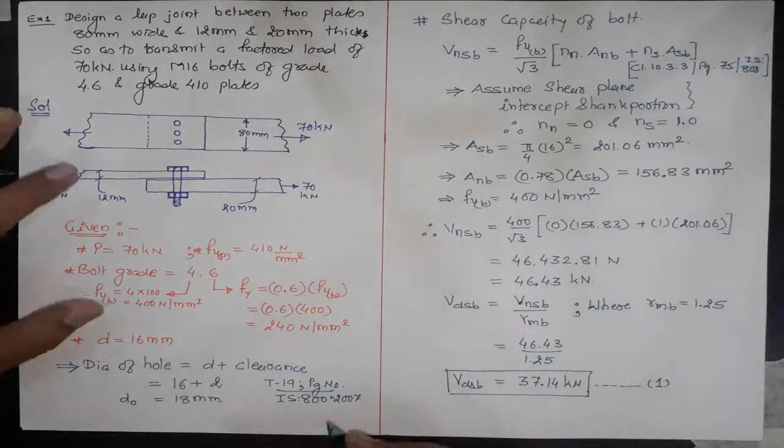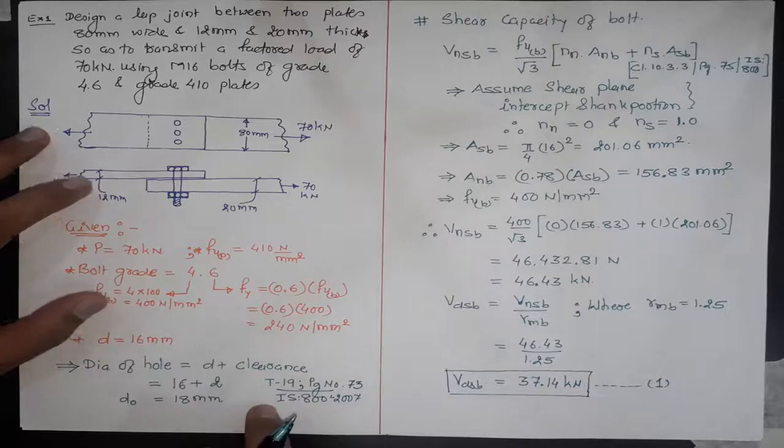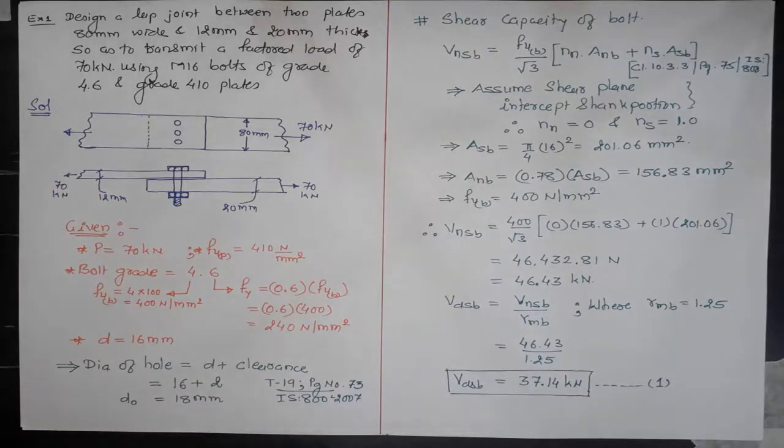Here from table number 19, page number 73, clearance is 2 mm. Therefore, diameter of hole, represented by d0, is 16 plus 2, which is 18 mm. Now we are supposed to find the shear capacity of the bolt.